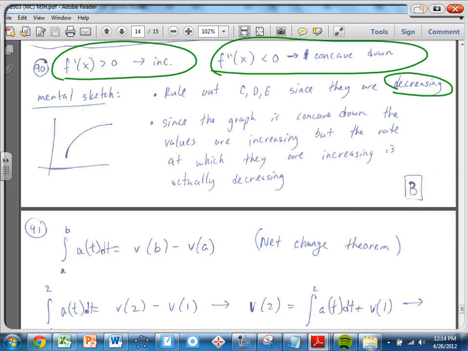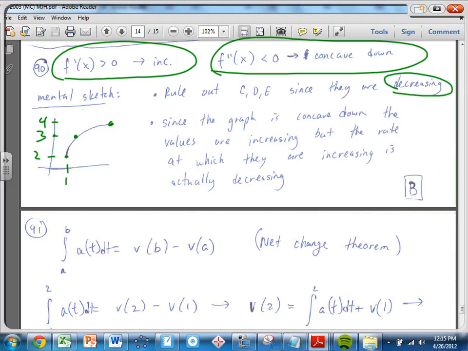But if the graph is concave down, what's happening to my delta x values? They're getting smaller. Think about it this way, watch. Call this 2. Over here, this would be like 3. This here would be like 4. But what's happening is this. Oh, yeah, that's right. As I change my x value here, as I go up by 1, if I were to go up by 1 consistently, here's what would happen.